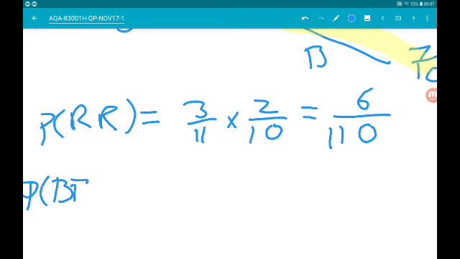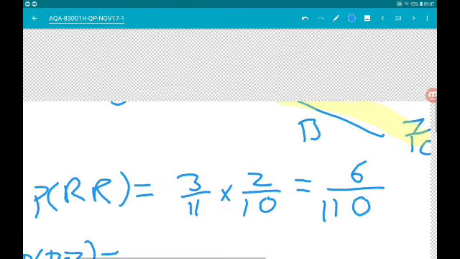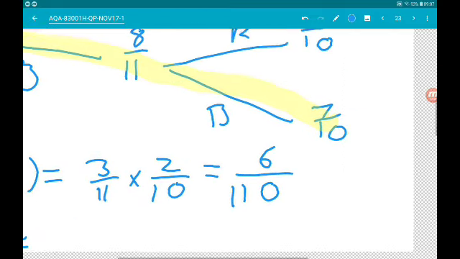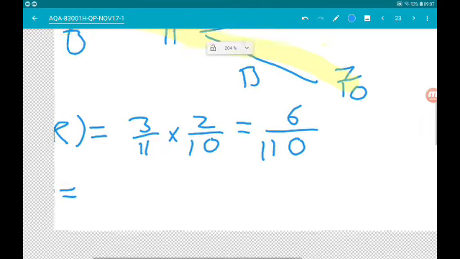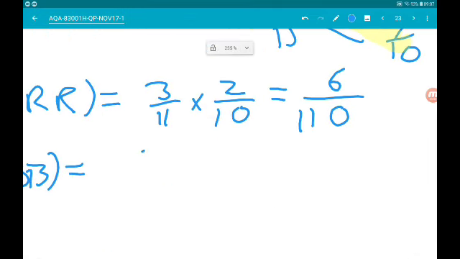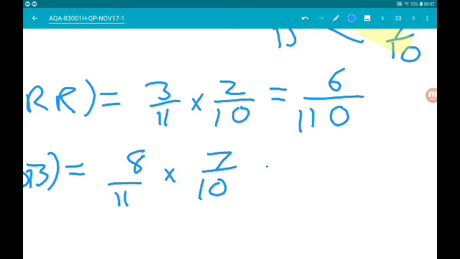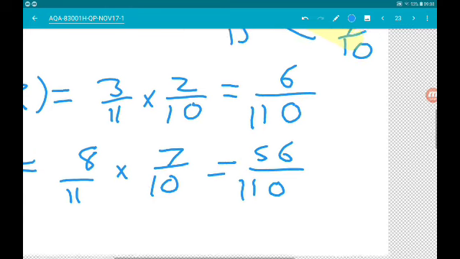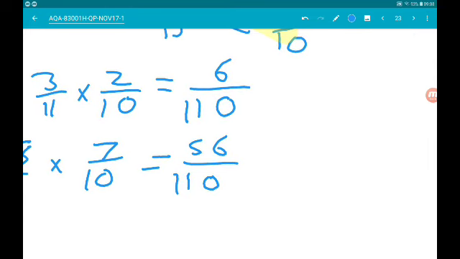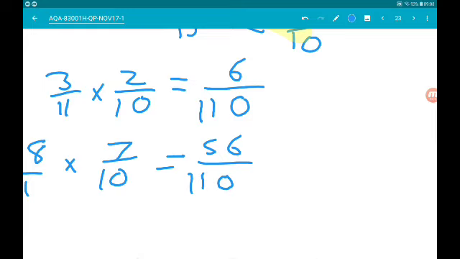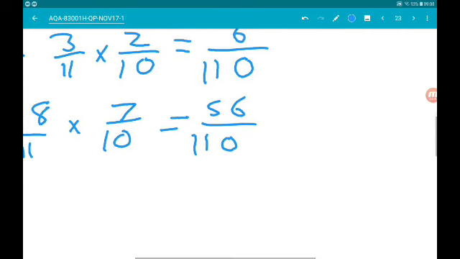So the probability of black is 8/11 times 7/10. So that's going to give us 56/110. So those are the 2 outcomes that we are interested in. What we do now to finish off is add the probabilities together.